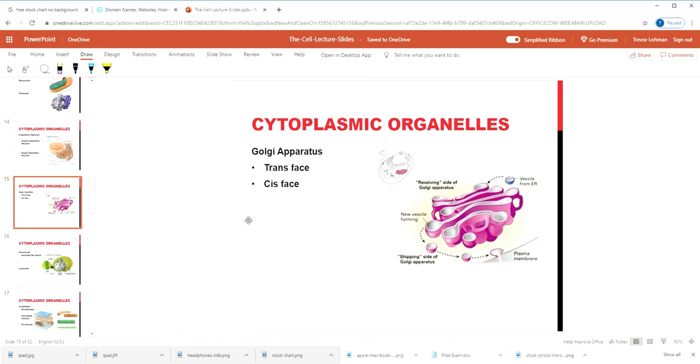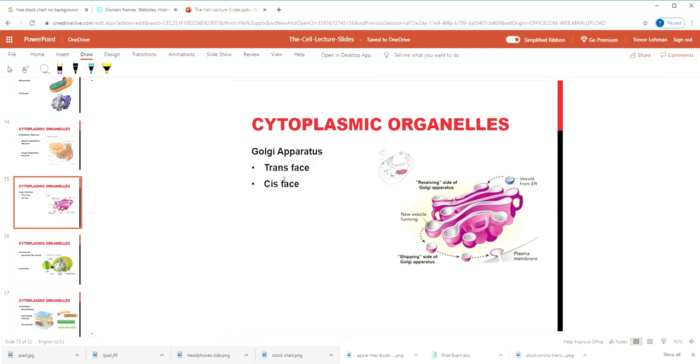The next structure is the Golgi Apparatus. The Golgi Apparatus further packages proteins that it receives from the endoplasmic reticulum. So a vesicle filled with protein will arrive from the endoplasmic reticulum at the cis face.